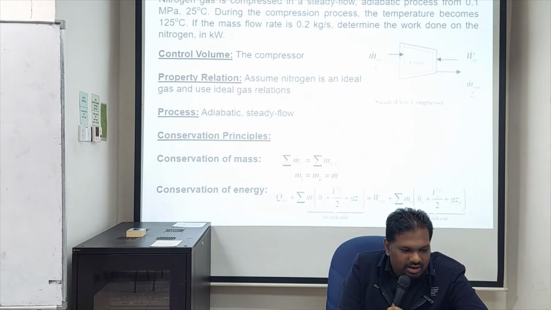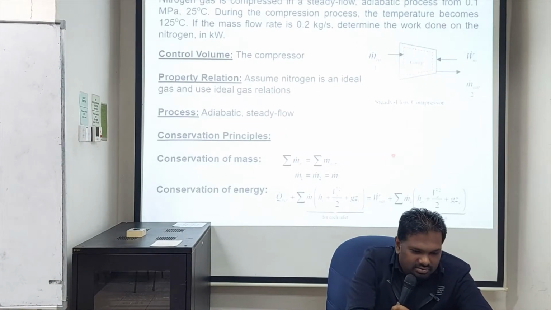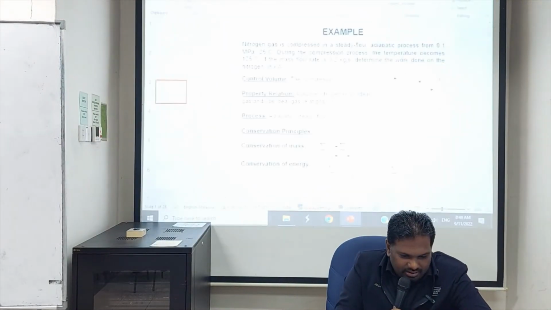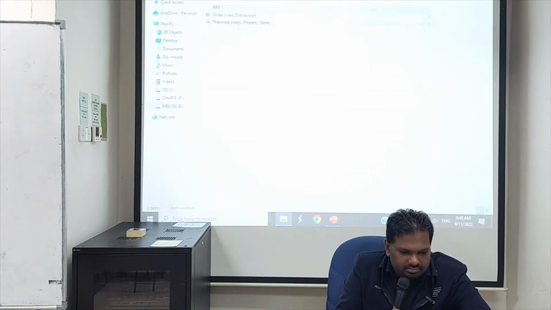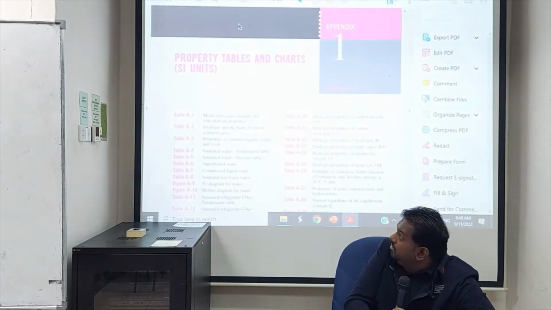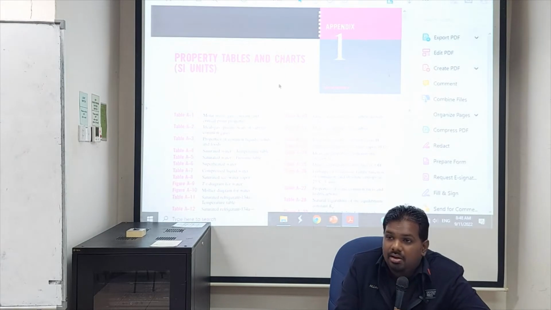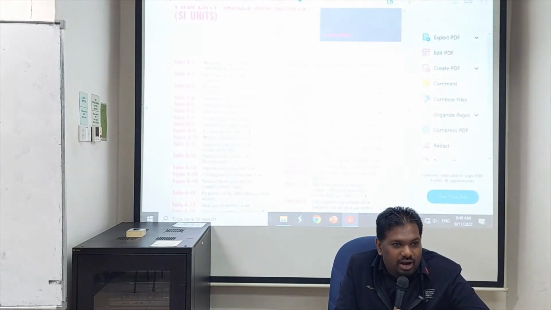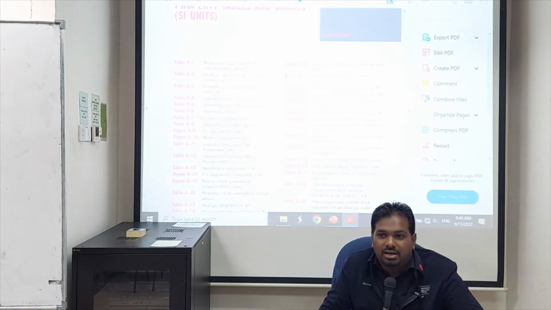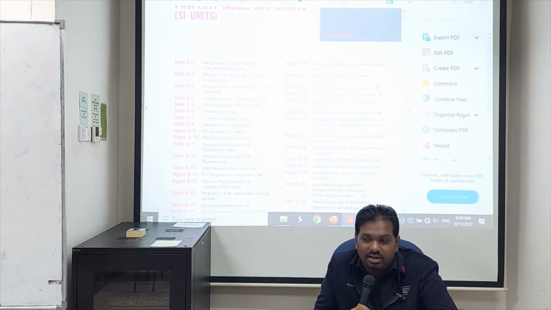So nitrogen gas is actually ideal gas. So if you see the thermodynamic property table, dekat sini untuk nitrogen akan refer ke table mana kalau ikutkan jadual ni?